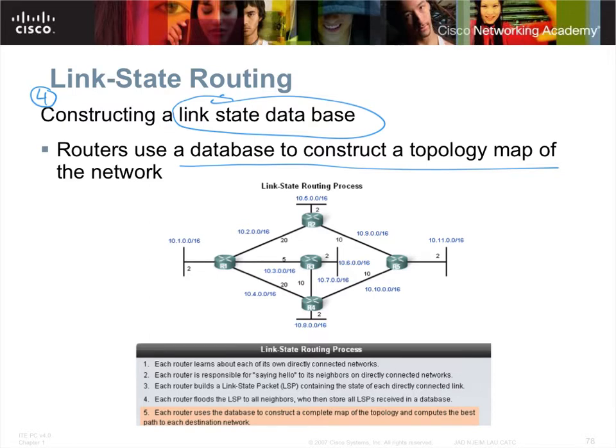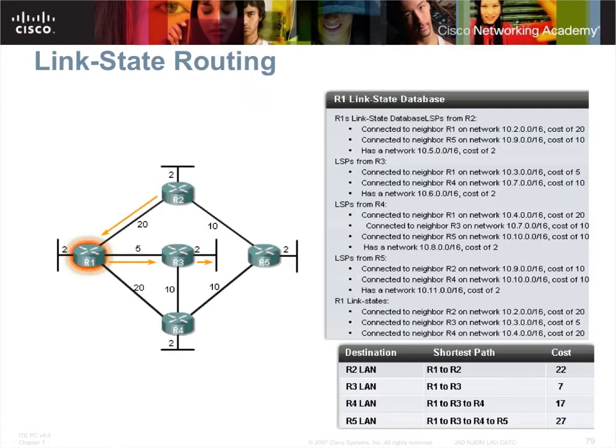So once we have this link state database constructed with all the link states, this link state database, by the way, is identical at every single router. It has to be identical. So the link state table has to be constructed the exact same way locally at every single router. This is how the link state table looks.